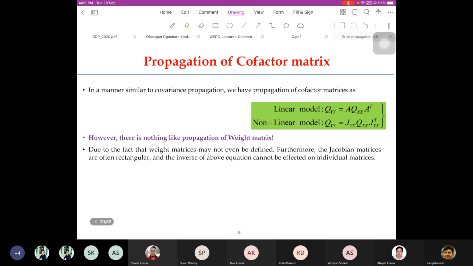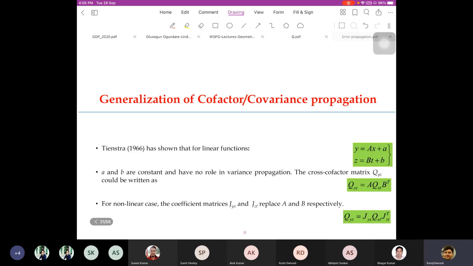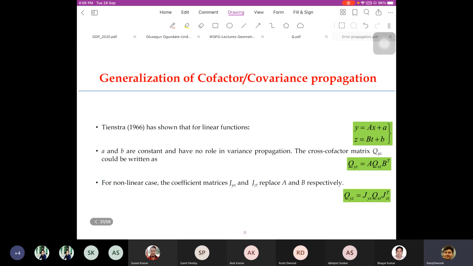Next, I am moving towards the generalization of cofactor and covariance propagation, and I'm leaving it to you. I'll share the slide and you will quickly go through. It is very simple. In the literature, various mechanisms have been constituted which talk about intercorrelation. As I've discussed, y is equal to Ax plus b, z is equal to Bt plus b. Then how would Q yz be related? You have proven in the previous example A Q xt B transpose.